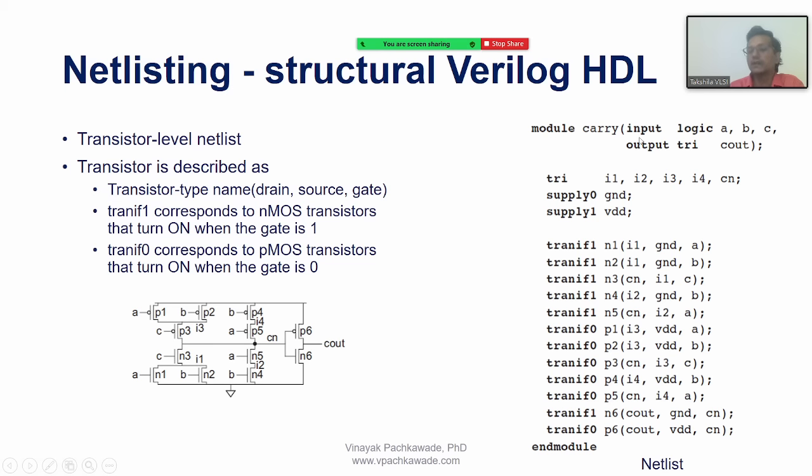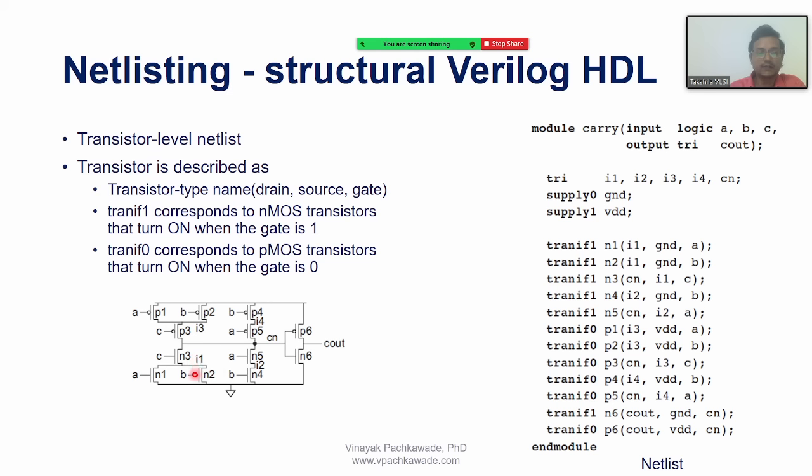So module carry, we say that the input logic is A, B, C, and the output is defined as try. It's just a simple name. And what is that name? C out. So try is I1, I2, I3, I4 and Cn. You see I1, with just a fashion the way it is defined.